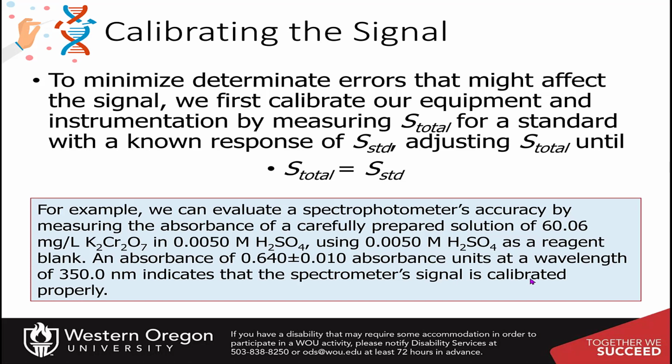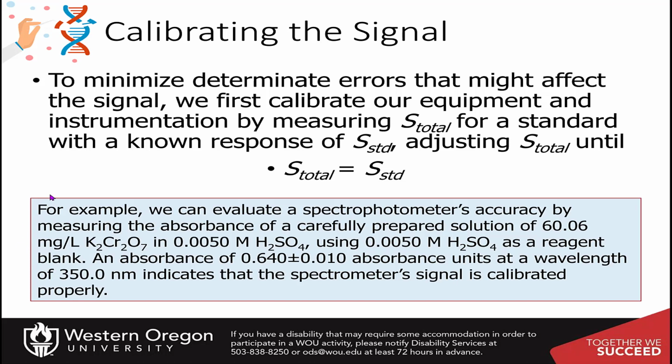So for example, we can evaluate a spectrophotometer's accuracy by measuring the absorbance of a very carefully prepared solution of potassium chromate by weighing out 60.06 milligrams per liter in a 0.0050 molar sulfuric acid solution. And then we would use sulfuric acid at that concentration as the reagent blank.